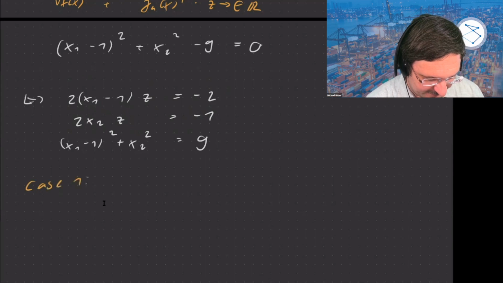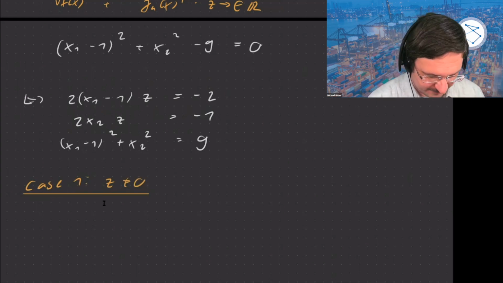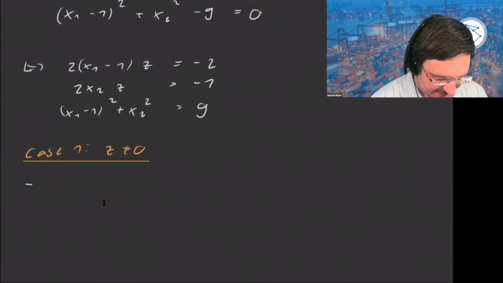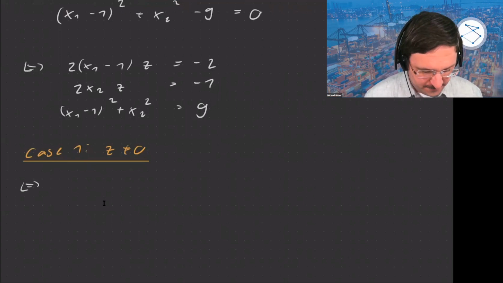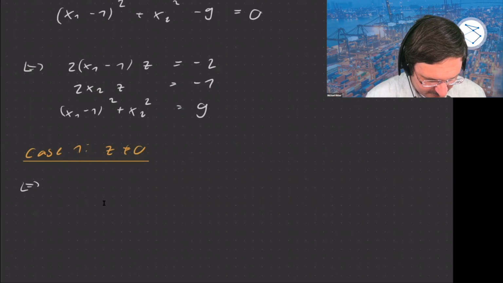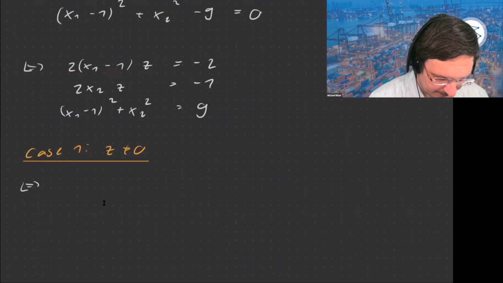So let's say this is case 1. We are searching for solutions where c is not 0. If that's the case, we can solve for x1 and x2. So we first divide this by 2, we divide this by c, and then we add 1.